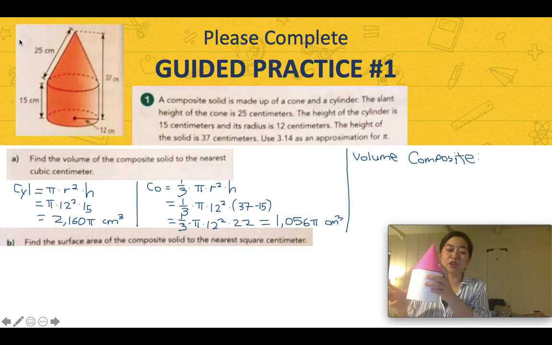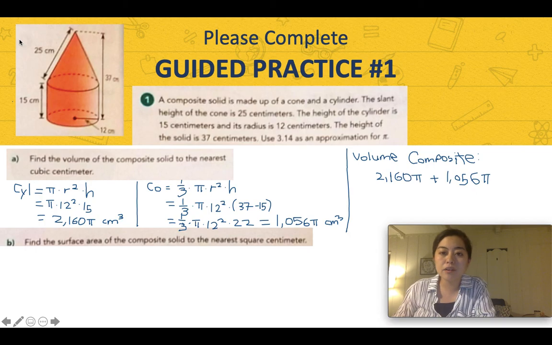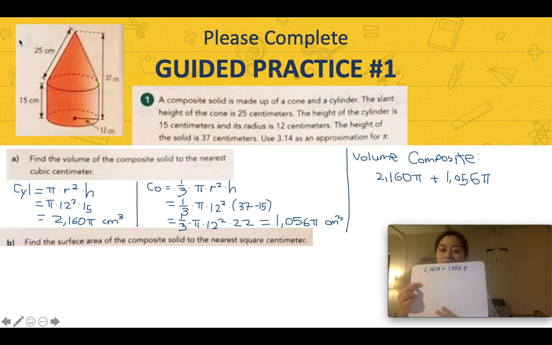I gotta add the volume of the cylinder plus the volume of the cone at the top. So that becomes 2,160 pi plus 1,056 pi. Now at this point, what I could do is 2,160 times 3.14 plus 1,056 times 3.14. I could do that.